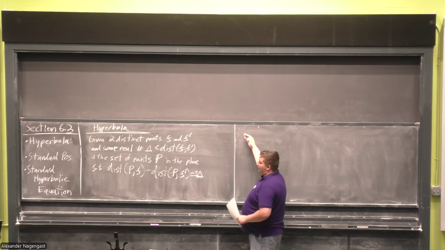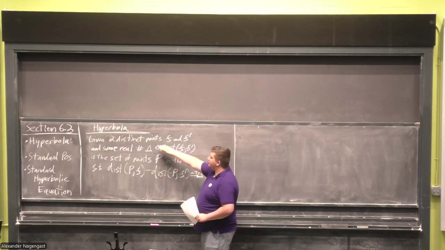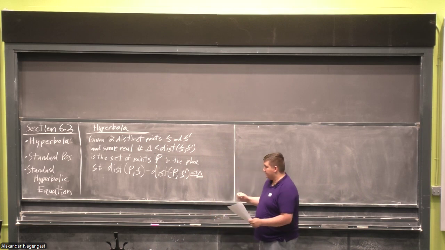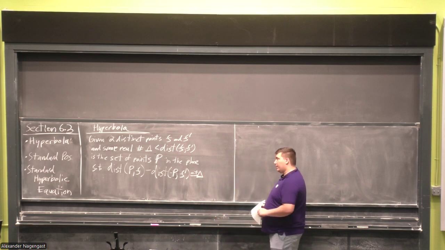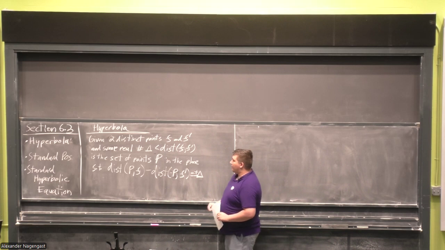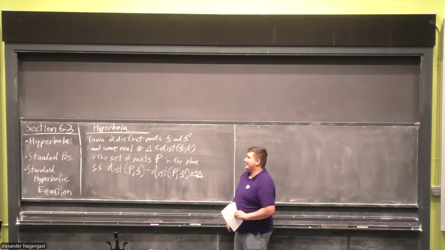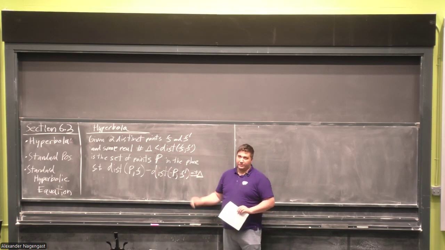For hyperbolas, we have the following definition of two distinct points, F and F prime. Again, distinct means that they can't be the same point. We're going to have some real number, delta, which is less than the distance between these two distinct points.